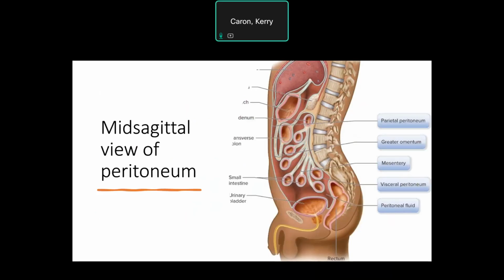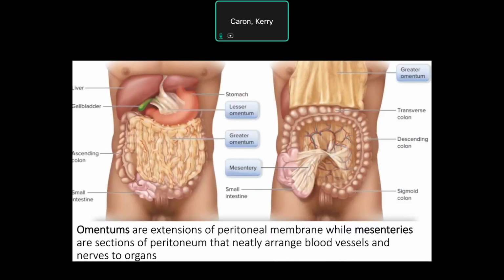Here's an interesting view of the mid-sagittal view of the peritoneum. So remember mid-sagittal, if you remember how that cut is. The peritoneum is very interesting because we have omentum and we have mesentery, which we'll talk about in a second. Omentums are extensions of the membrane, and mesenteries are sections of the peritoneum that neatly arrange the blood vessels and nerves to the organ.